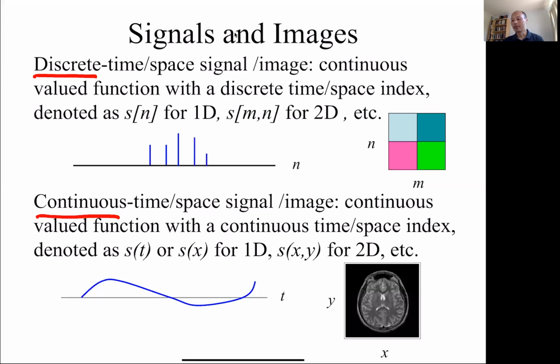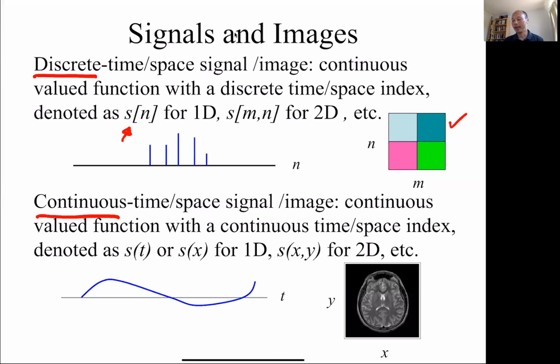Discrete time or space signals and images we're all very familiar with. We live in a digital age, and everything can be represented as pixels. For every pixel in your computer or your iPhone or your iPad, there is some value. Typically when a function is discrete, we use brackets to denote it.